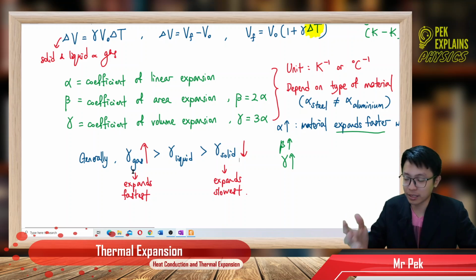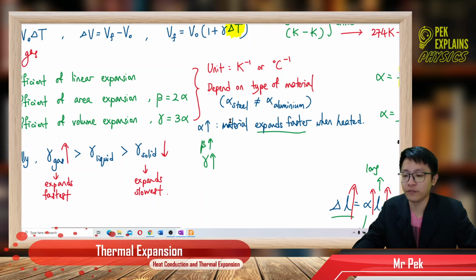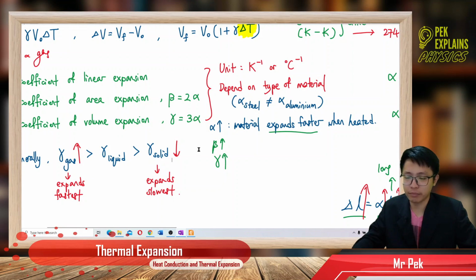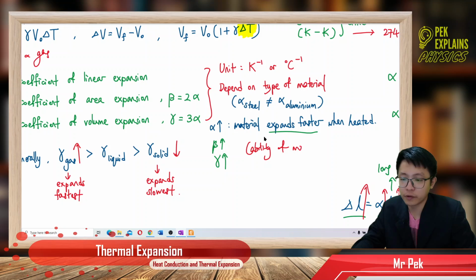So gamma means the ability of that material to expand when heated. Alpha, beta or gamma means the ability of material to expand when heated.